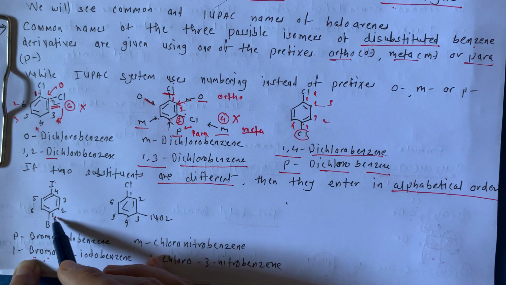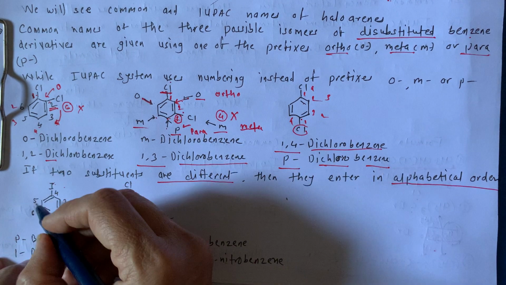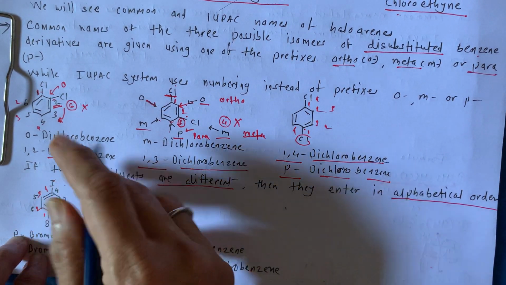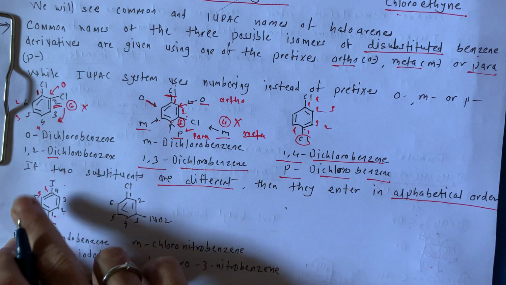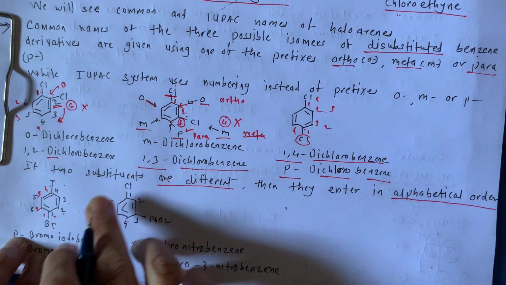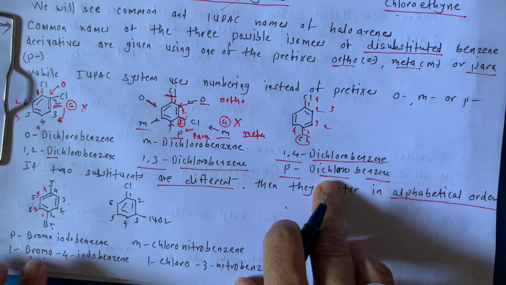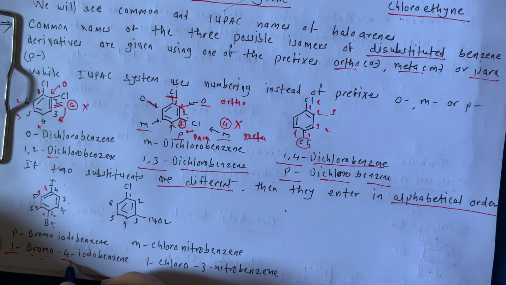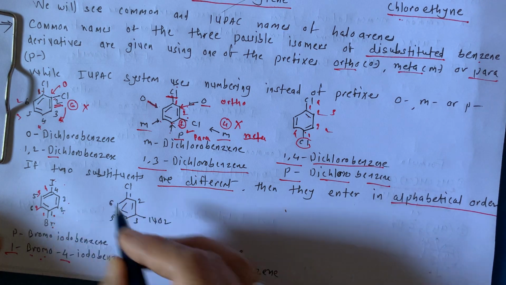Then from here, this is 1, 2, 3, 4, or from here also, 1, 2, 3, 4. Both ways, clockwise or anti-clockwise, it is the same. So that doesn't make any difference. Anyway, this is on the 4th position, so this is 1-bromo-4-iodobenzene.